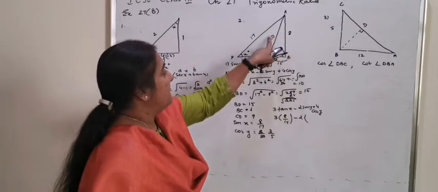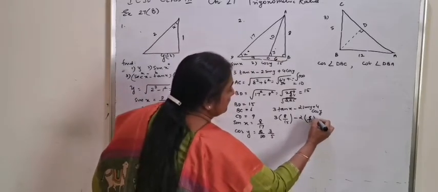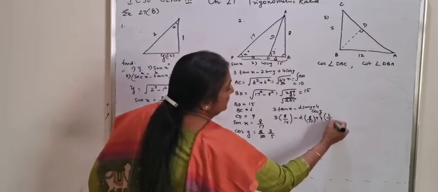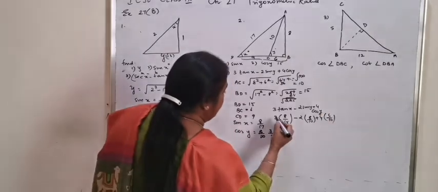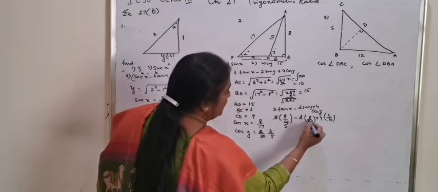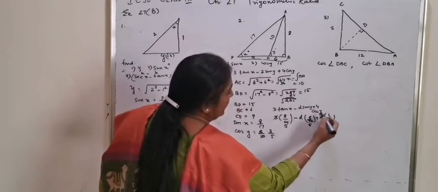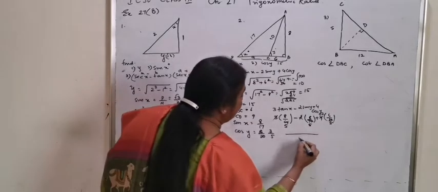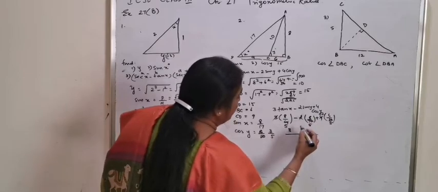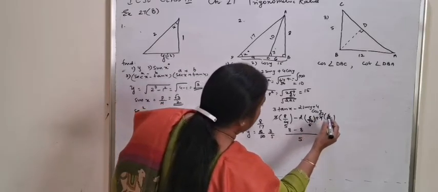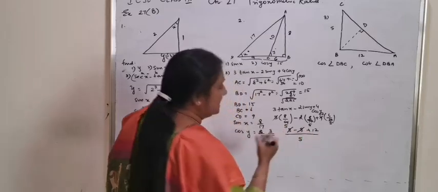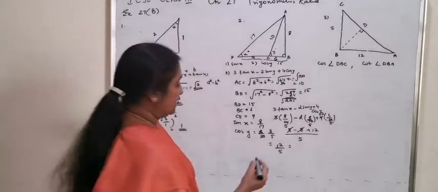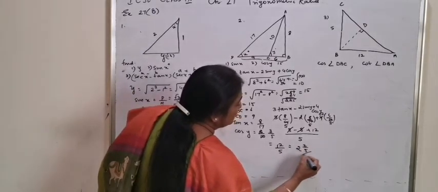Sin y is 8 by 10, plus 4 into cos y is 6 by 10, which is the same as 3 and 15, 5 times; 2 and 10, 5 times; 4 and 10, 2 and 5. So the common denominator is 5: 8, then minus 8 plus 12, or 8 and 8 get cancelled. It's the same as 12 by 5. As a mixed fraction, it will be 2 and 2 by 5.